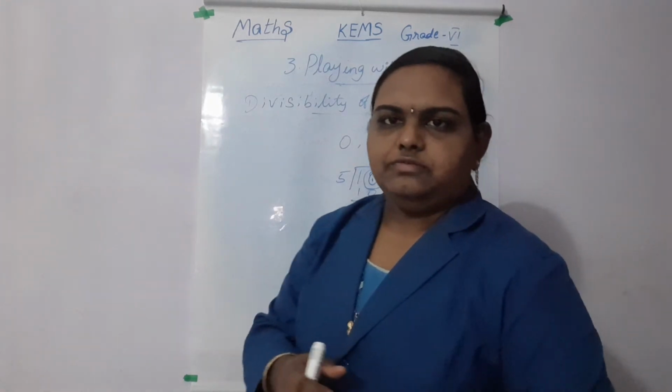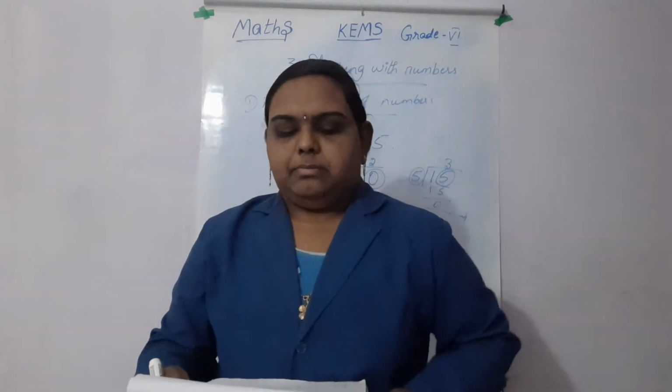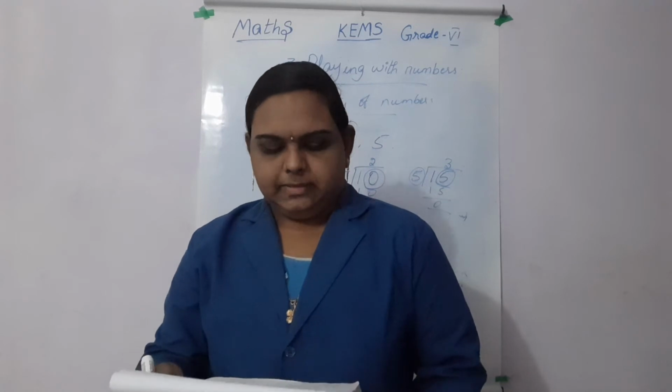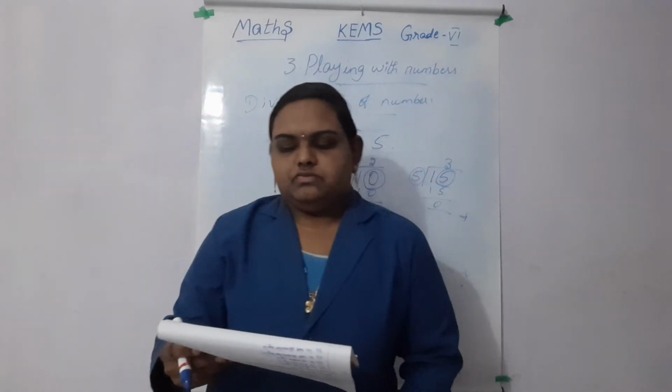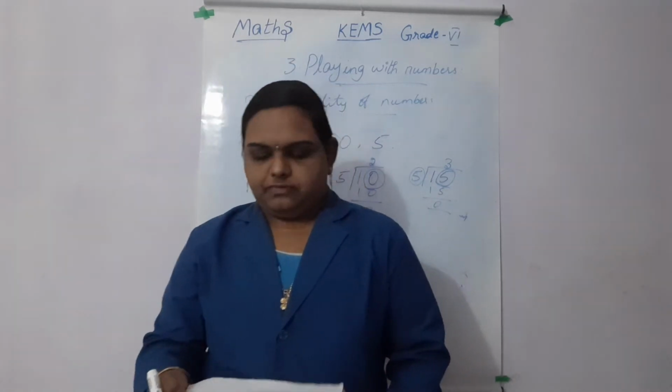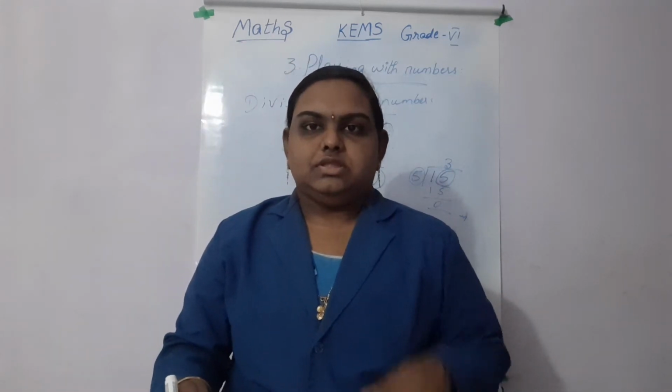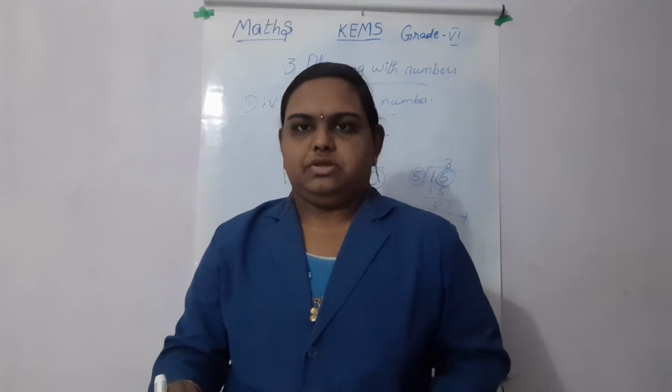So divisibility of 10: if a number has 0 in the ones place, then it is divisible by 10. If a number has either 0 or 5 in the ones place, it is divisible by 5. These two points you have to keep in your mind.